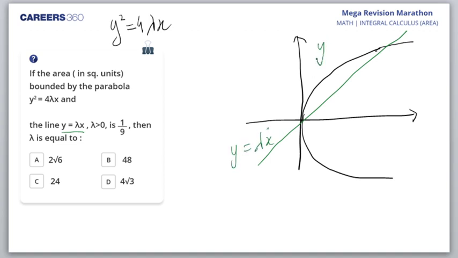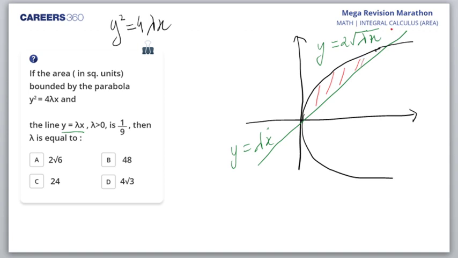And this is the curve, only the upper side of the curve I am looking at, so y is equal to 2 under root lambda x. This upper side parabola is in the first quadrant. Now, which area are we looking for? The area bounded by these two curves would be this one.